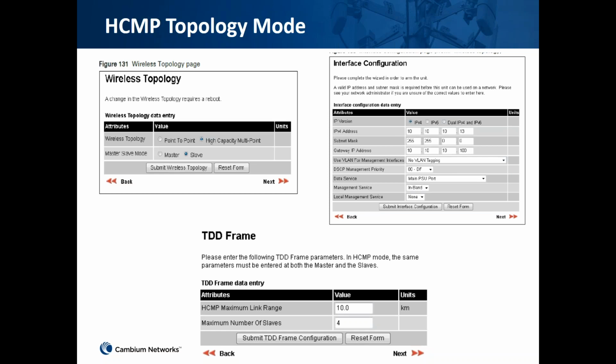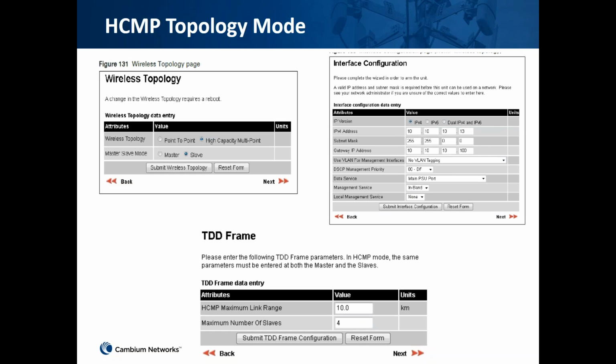You need a license key for the HCMP to act as a master, but for the HCMP to act as a remote or a slave, it's by default. So you don't need any keys for HCMP as a slave. You just need a software key, which is used for the master part of it.